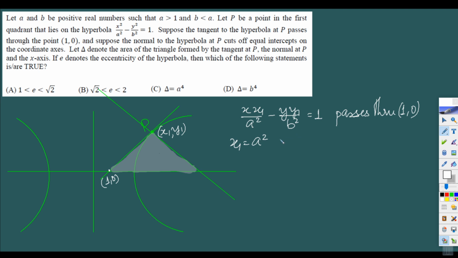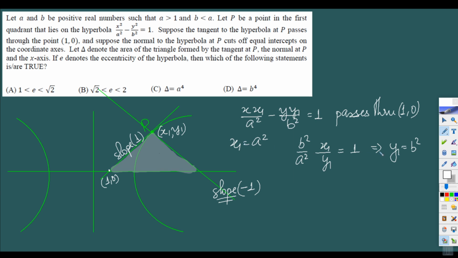First job done. Second, since this normal is equally inclined to the coordinate axes, has equal intercepts and is in the first quadrant, obviously the slope comes out to be -1. If the normal has slope -1, the tangent definitely would have slope +1. I compare this with the slope of the tangent, which is b square over a square times x1 upon y1, and this is equal to 1. x1 is a square, so this implies that y1 is b square.